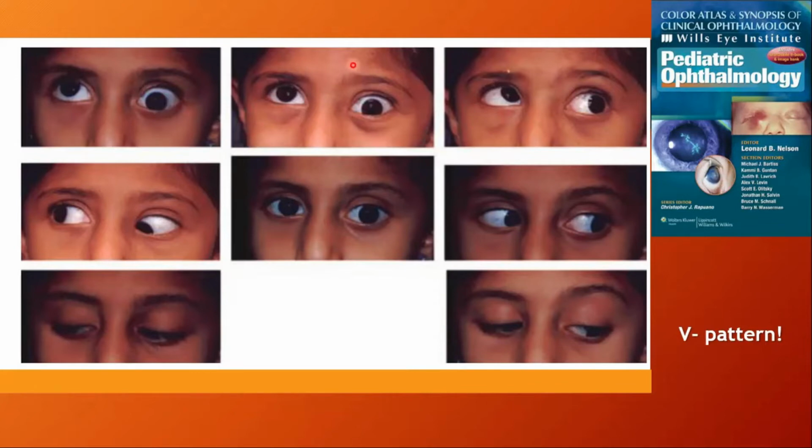And here in straight up gaze, there's again limitation of elevation. And as you can see, when we look above, the eyelids in both eyes retract, but the eye doesn't move, and that's why there is a marked area of white sclera above the cornea. Scleral show.